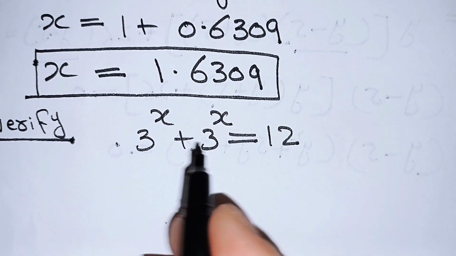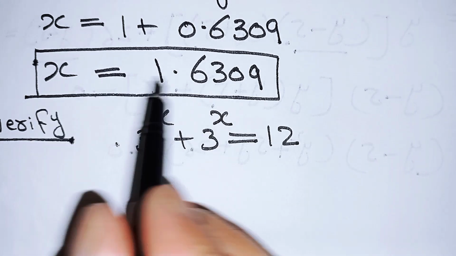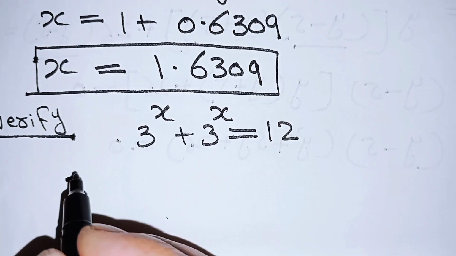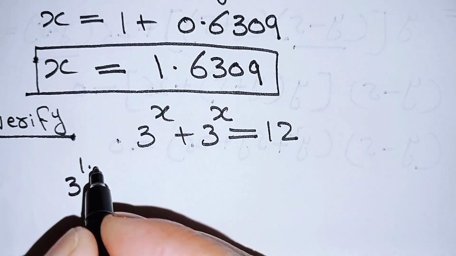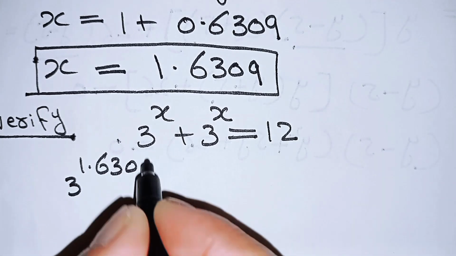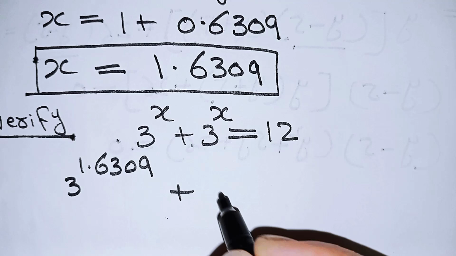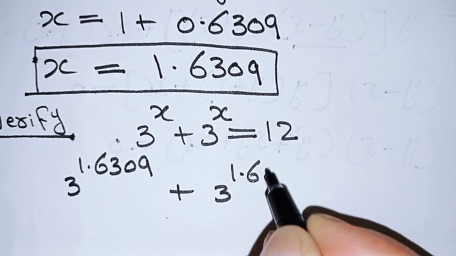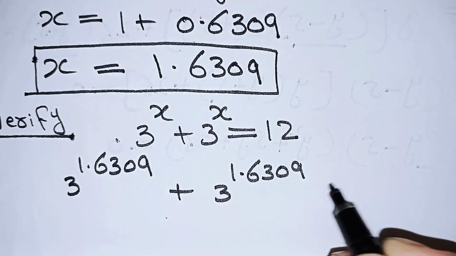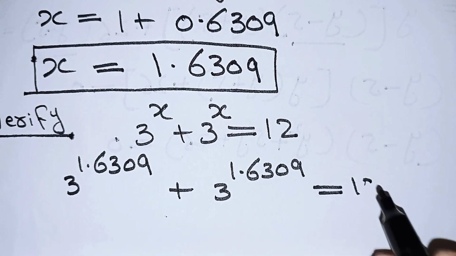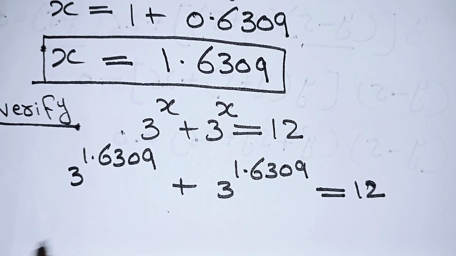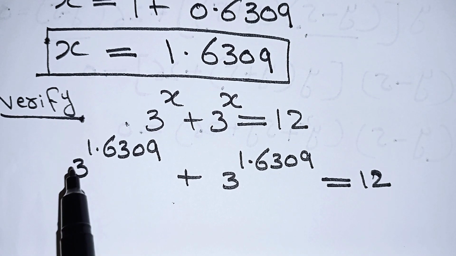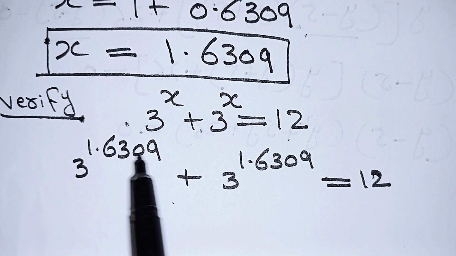And now we put the value of x here, so 3 to the power of 1.6309 plus 3 to the power of 1.6309 is equal to 12. And so the solution is 3 to the power of 1.6309.